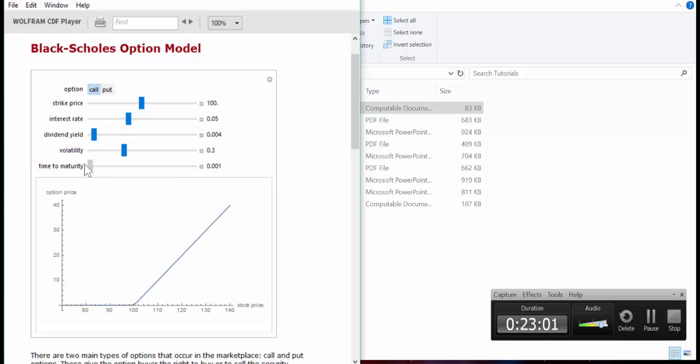So if you change that to 0, now you can see you have that straight line that I was showing you last time. And now when I say all else being constant, this is the best way to show you what that means. All else being constant, I just move the maturity and I don't change anything else. You see how the line changes? That was my point last time, okay?